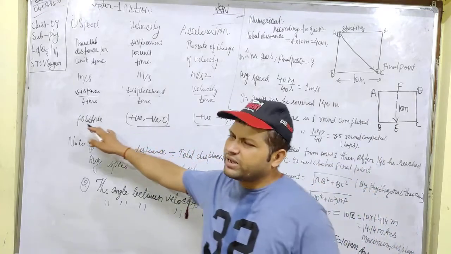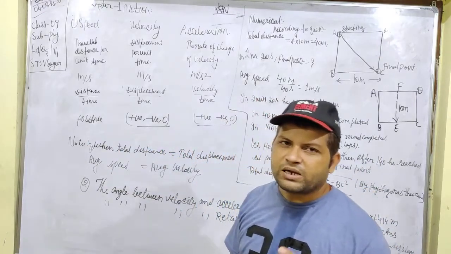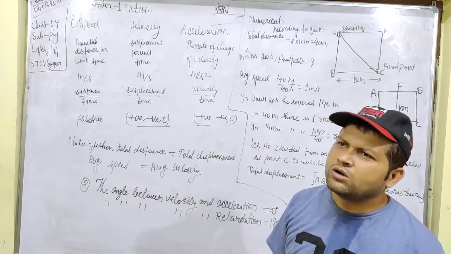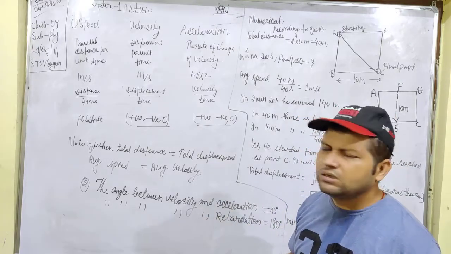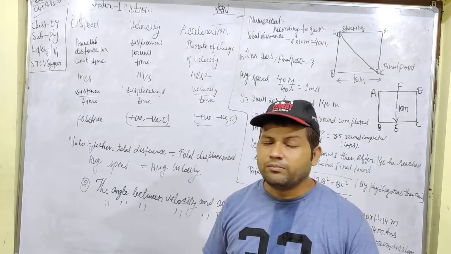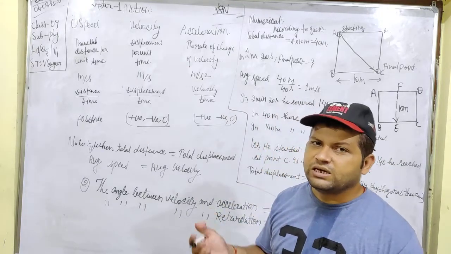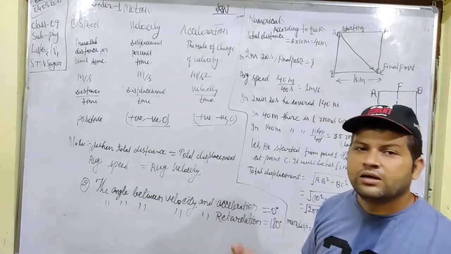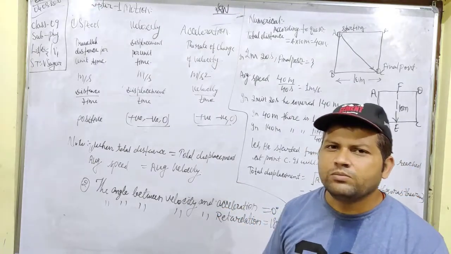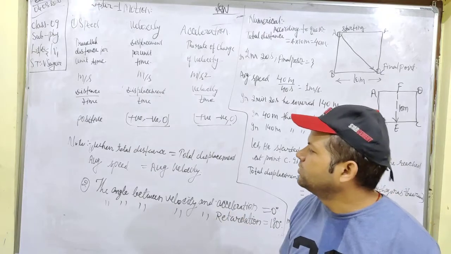So these are the main differences. The magnitude of speed may be zero or positive, but velocity may be positive, negative or zero, and so acceleration also may be positive, negative or zero.